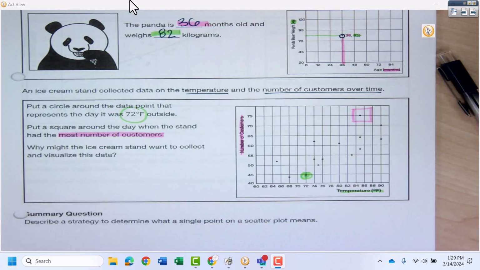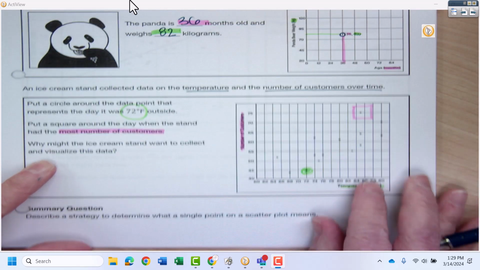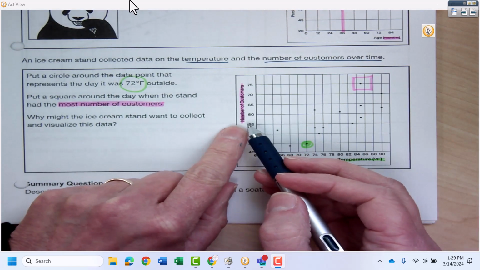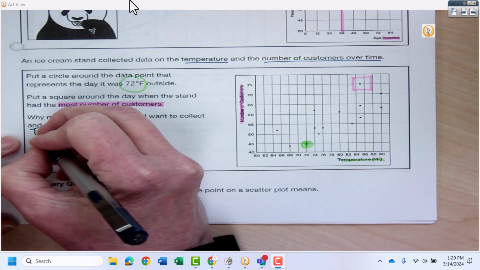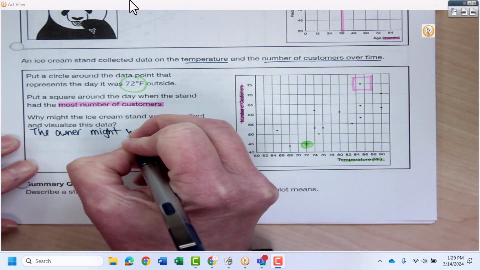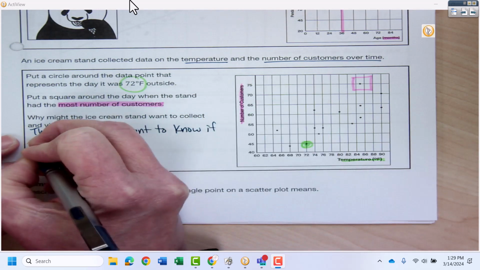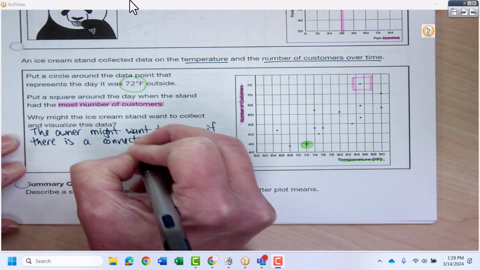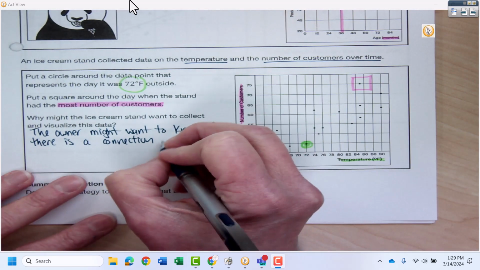Well, why might the ice cream stand want to collect and visualize that data? Well, if I ran the ice cream shop, it'd be nice to know if there was a connection between the temperature and how many people show up. I'm going to say the owner might want to know whether there's a connection between the temperature and the number of customers.